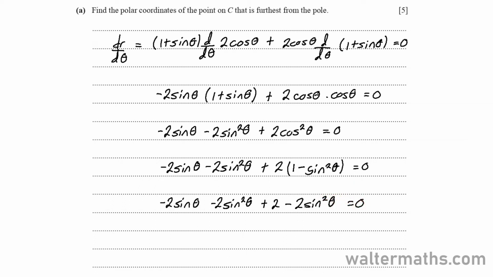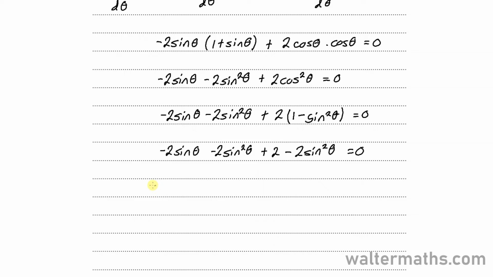So rearranging, we start with the 2, then the minus 2 sine theta, then for minus 2 sine squared theta minus 2 sine squared theta, we get minus 4 sine squared theta, and that's equal to 0, which is as good as dividing all the terms by 2.